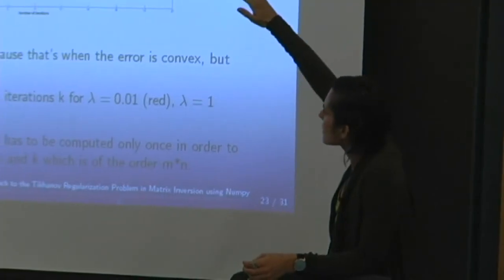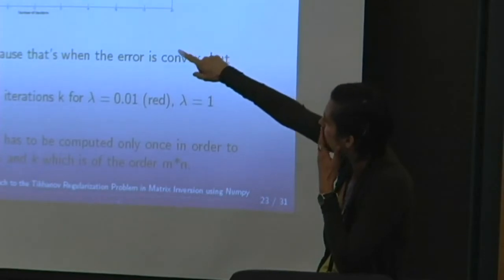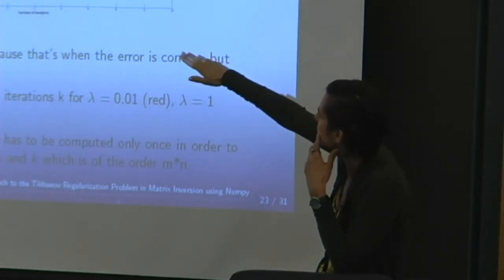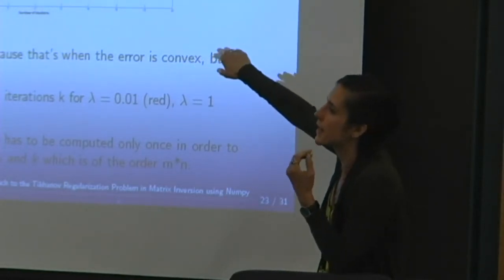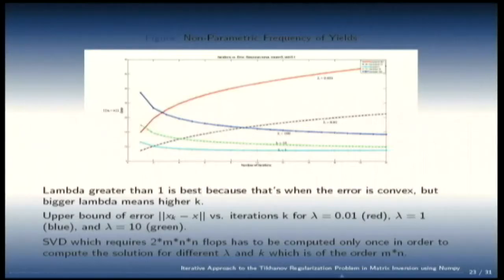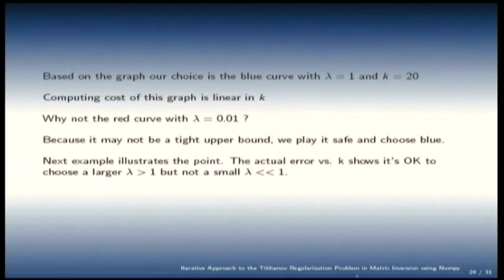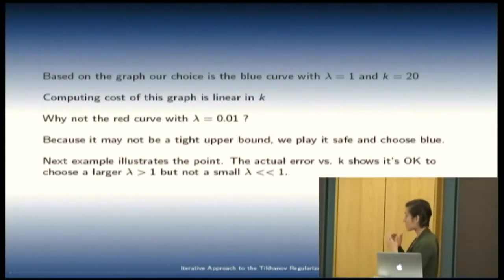Whereas if it's greater than 1, it's a convex function, so it's eventually going to hit the true x. Okay, so I just told you this, that you should choose a lambda equal to 1. And actually, after 20 iterations, most of my problems are good to go. You don't have to do that many more iterations.